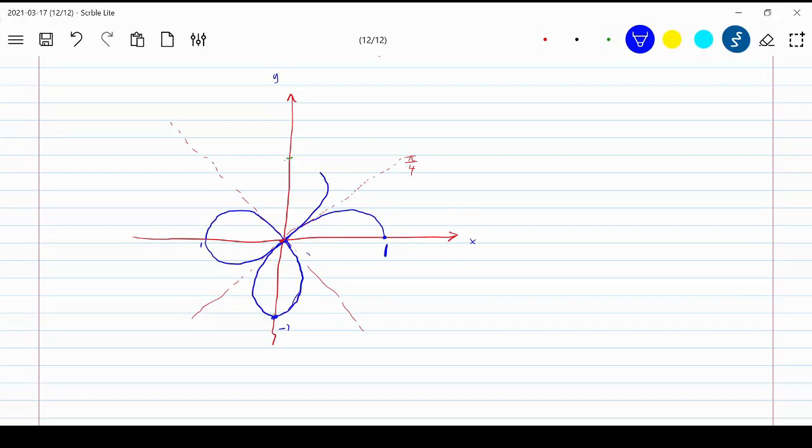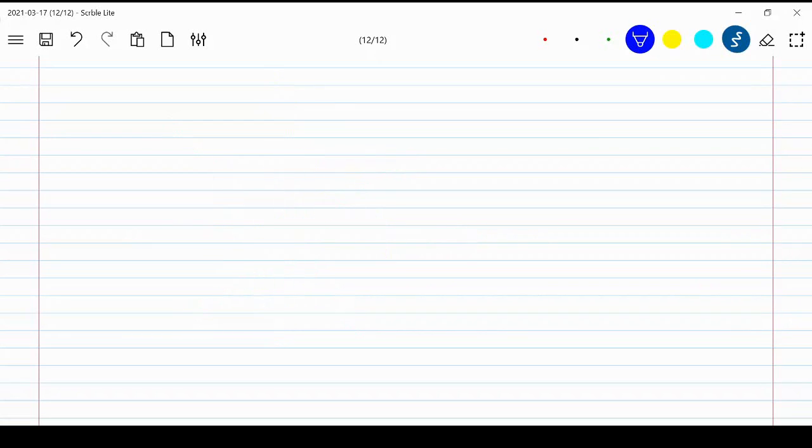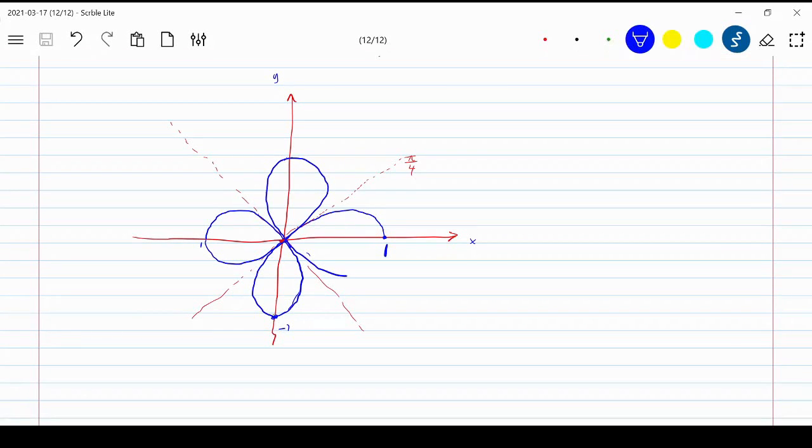It looks like something like this. This is like a flower with 4 equal pieces. Okay, so the steps that we followed: starting from here, going along this curve, there's maybe 1, 2, 3, then you go to 4, 5, 6, 7, 8 pieces.